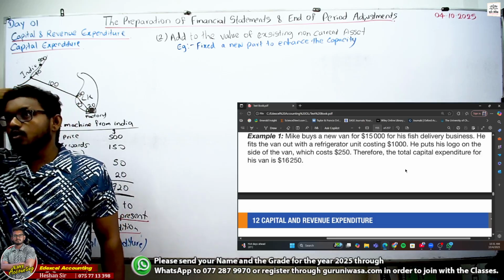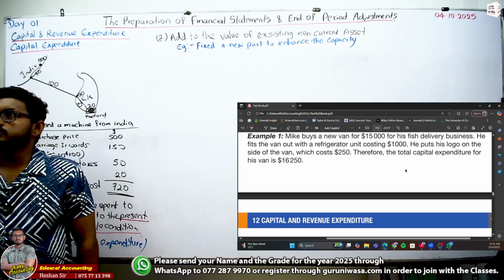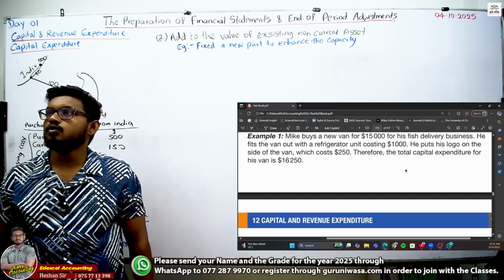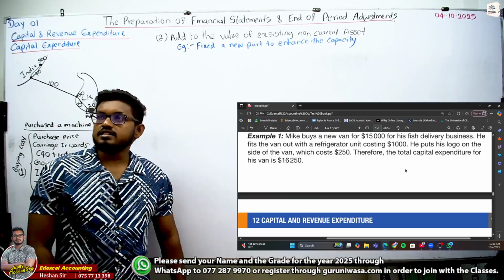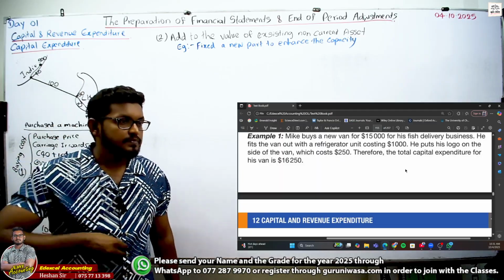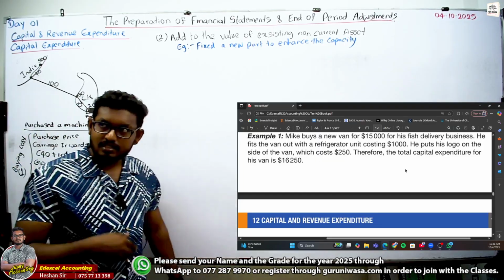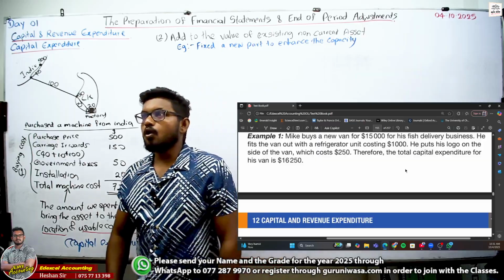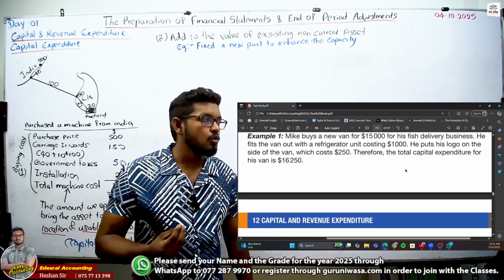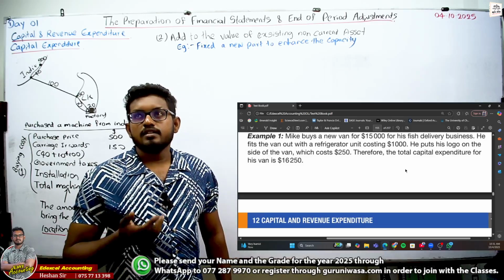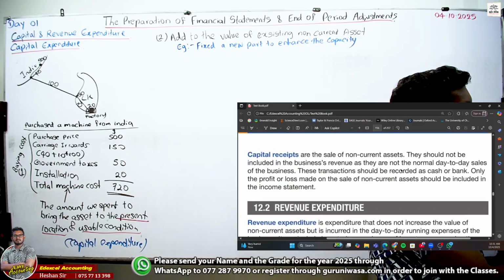He puts its logo on the side of the van, which costs 250. Therefore, the total capital expenditure of the van is 16,250. He buys for 15,000, and also purchased a refrigerator for 1,000. It is still not in the present location and usable condition. Also need to add the logo on the side of the van, the business logo. So till that, we add everything as the van price, right?